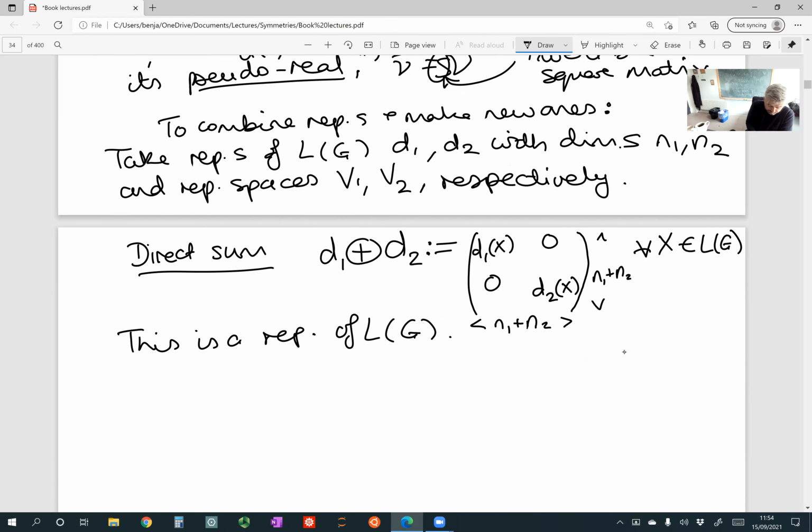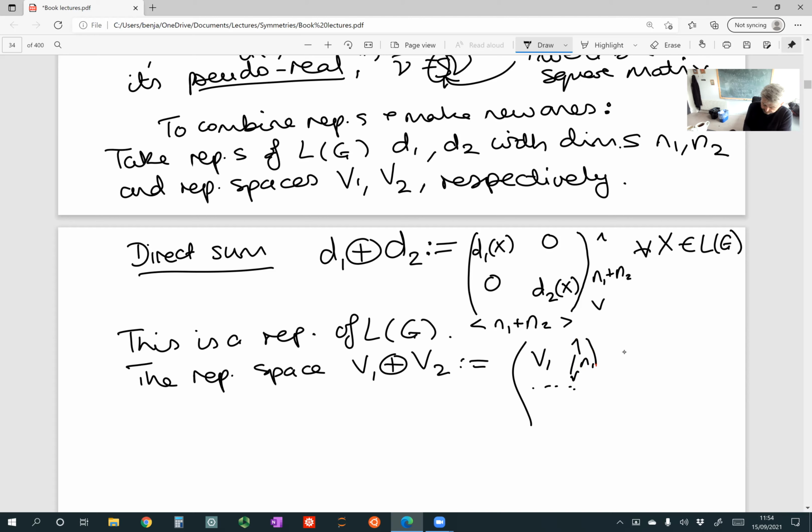The representation space of this thing is written V1 direct sum V2, and you just write the N1-length vectors first in a column vector and the N2-length vectors in the second one. And so the dimension of D1 direct sum D2 is N1 plus N2.